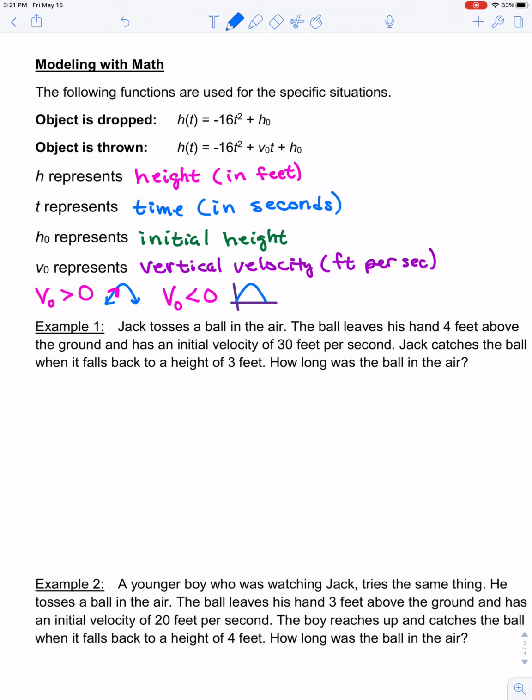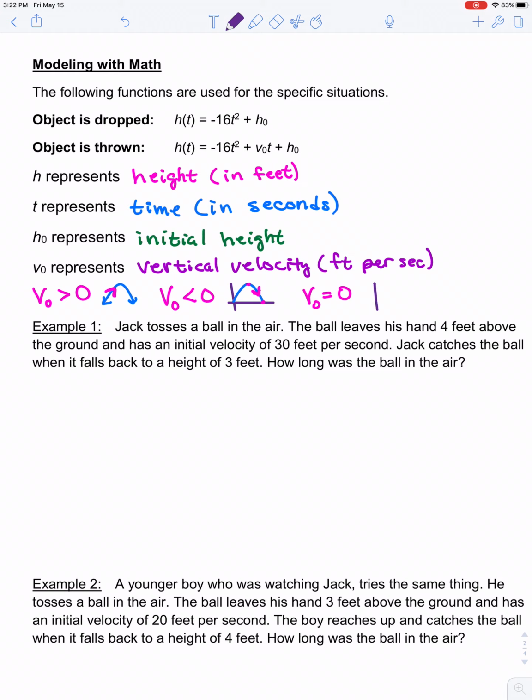So when you spike, you're at the top and you're forcing it down. So that's when vertical velocity is less than 0. That's what we represent from sometime here between here and here. Okay, but what if v sub 0 is equal to 0?